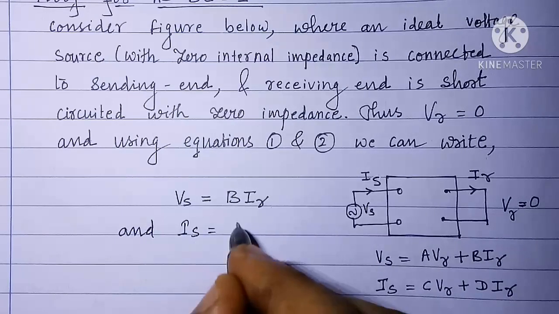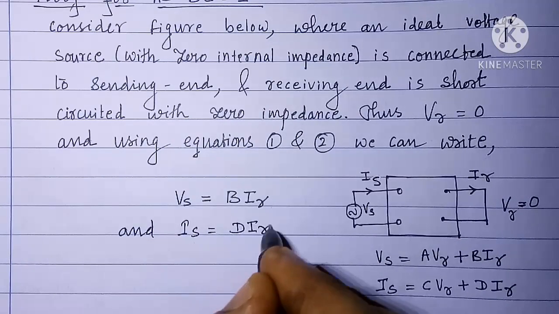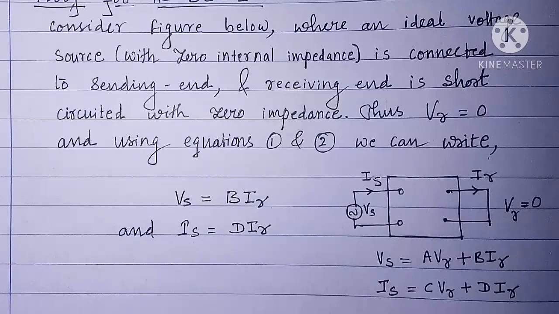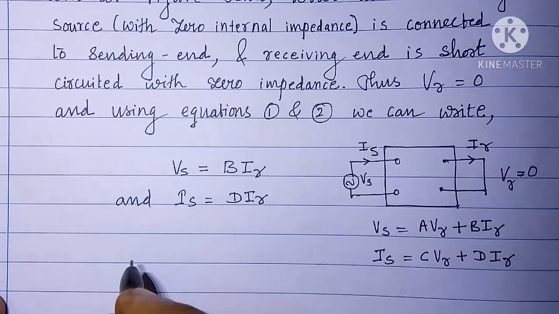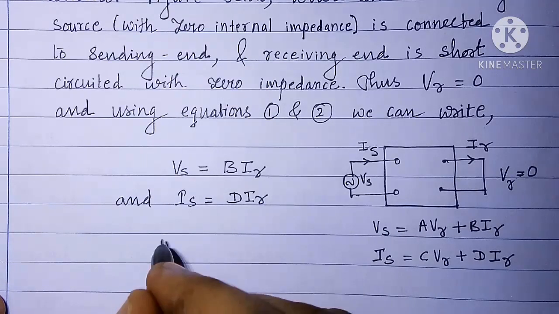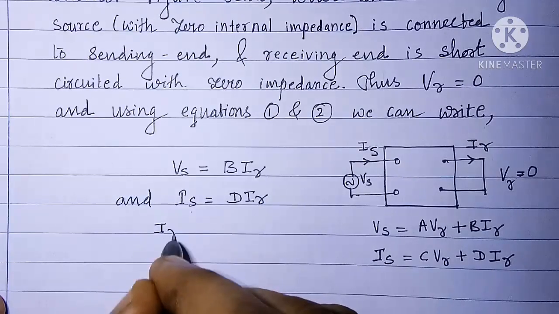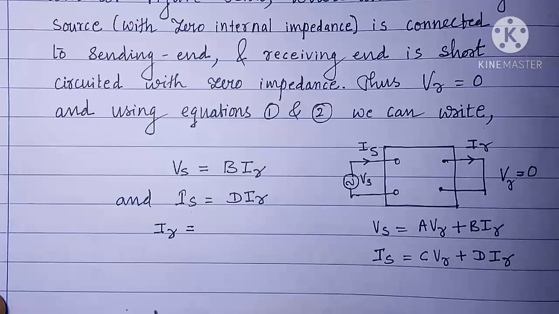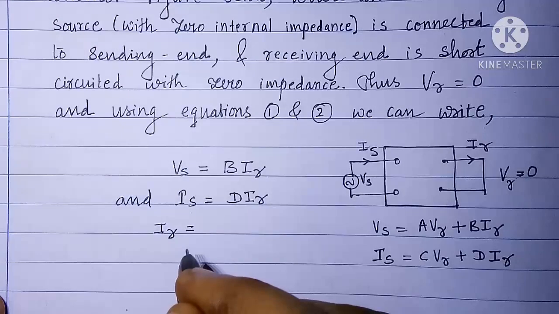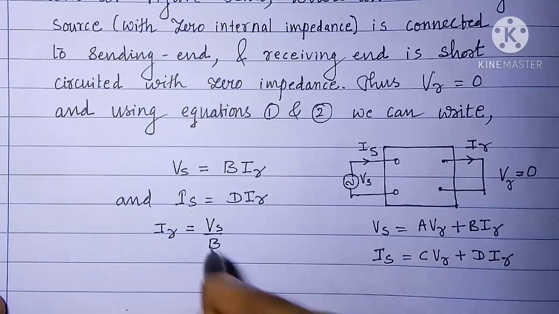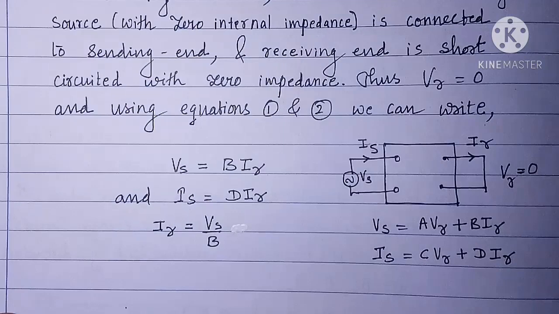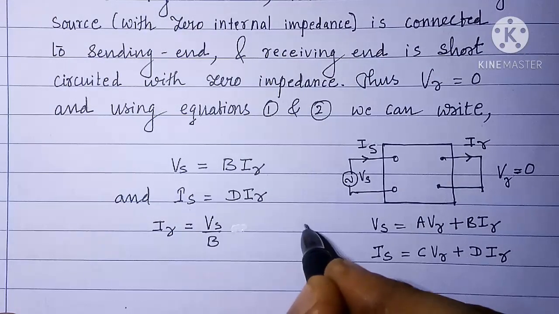Therefore, we can now write IR equal to Vs by B. Let us call this as equation 4 now.